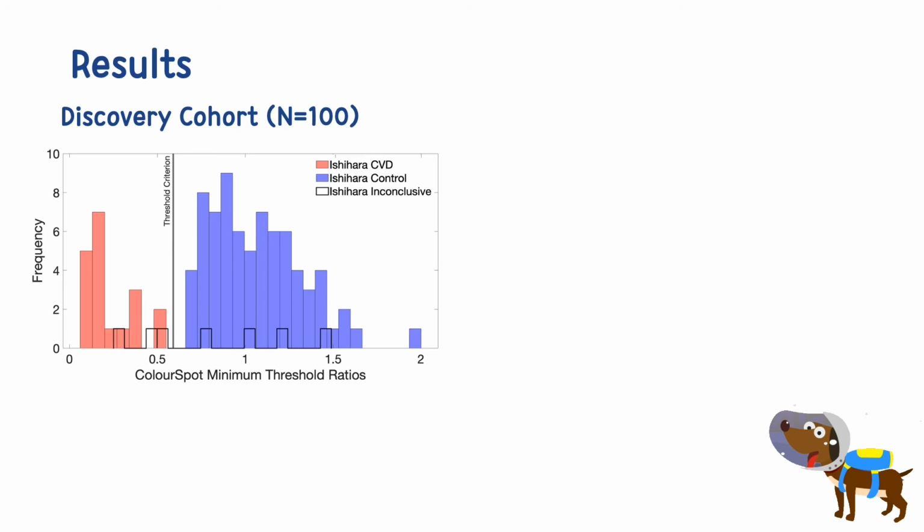And we can see that there's a clear classification in the ColourSpot threshold between Ishihara CVD and Ishihara controls. We do have some inconclusive participants highlighted in black here. If we base their performance on ColourSpot, we can see that some perform similarly to control participants and some also perform similarly to the CVD group.